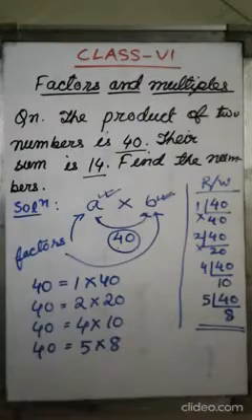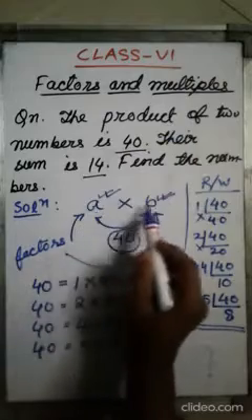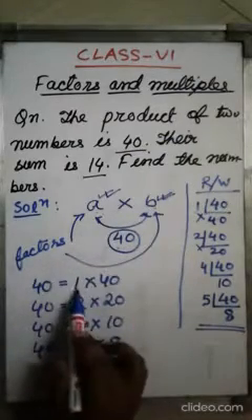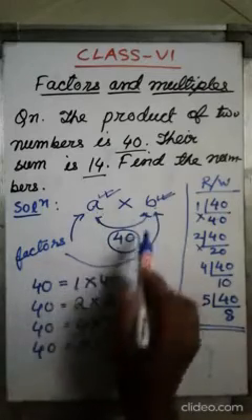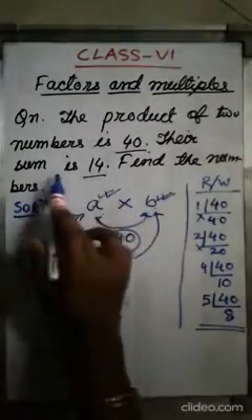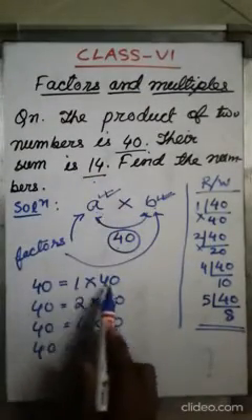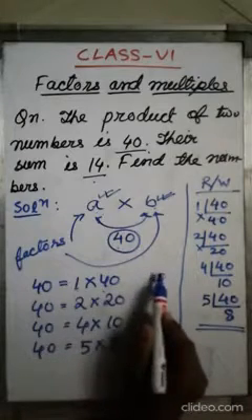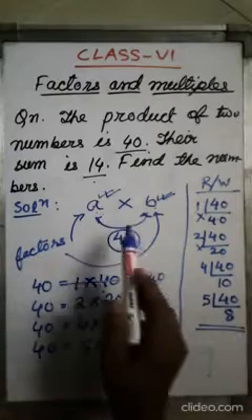So these two numbers can be any of these. A can be 1, B can be 40. But the sum should be 14. If I add 1 and 40, we get 40. So it is not correct. This is not our answer.